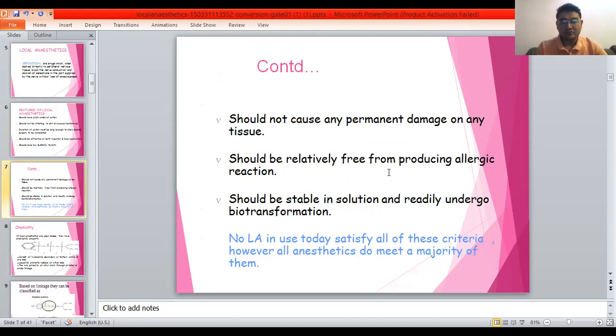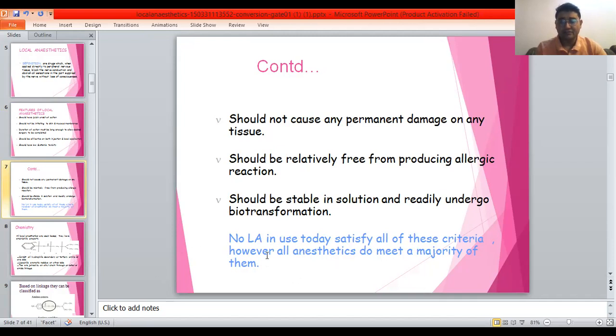Of course, all drugs that we use in the body will create some kind of allergic reaction, but the best one would be the agent with a low chance of allergic reaction. It should also be stable in solution and readily undergo biotransformation.